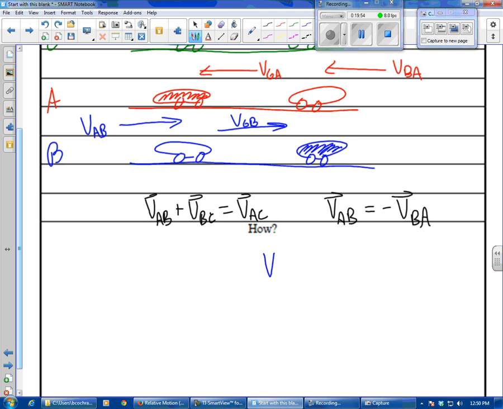So, from B, we want the velocity of AB. To get that, we need the velocity of A with respect to the ground plus the velocity of the ground with respect to B, and we can get the velocity of A with respect to B.